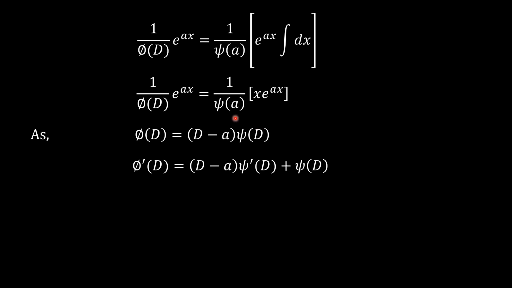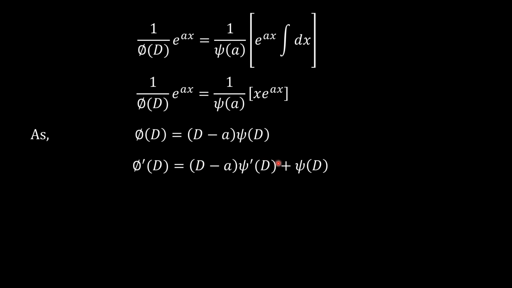As we want psi of a here, so evaluate the value of this expression at the point d is equal to a. That will give us phi dash of a is equal to a minus a, which is 0.